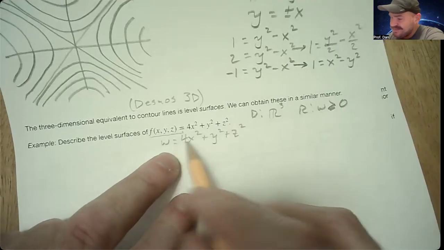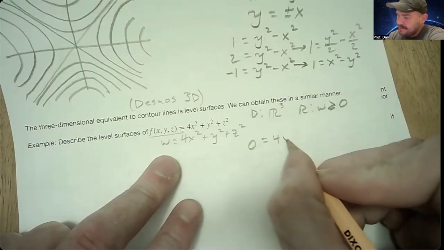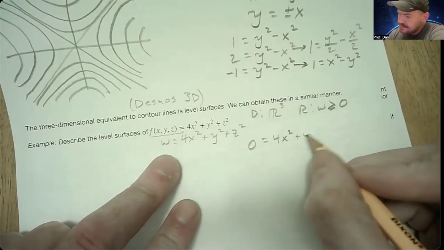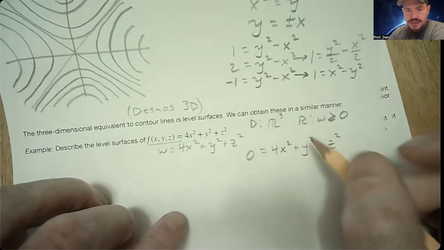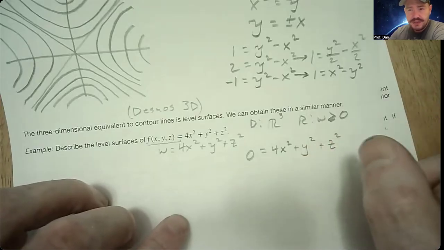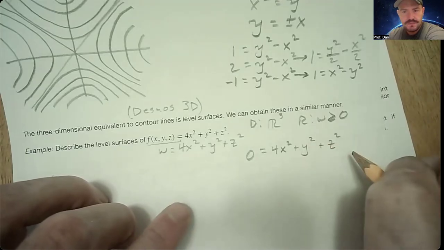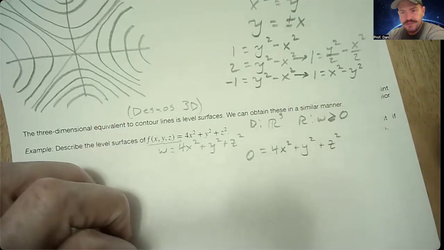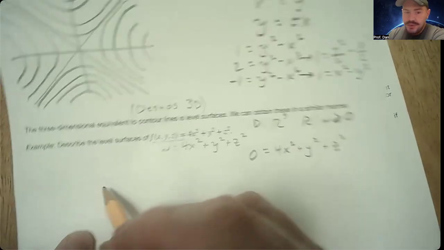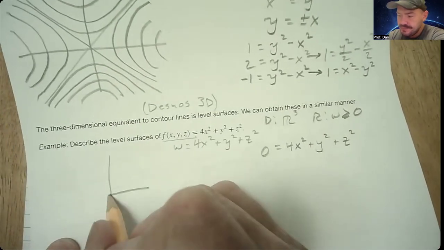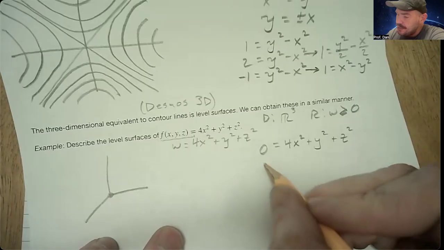So if I let w be zero, essentially that would just correspond to a point at the origin, because the only solution to that equation is 0, 0, 0, since you can't get negative outputs from squaring something. So we know that that would just be a point in three-dimensional space, kind of a bust.